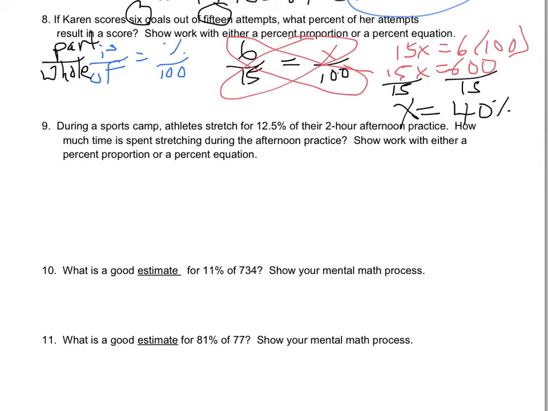So for this one, I think the equation is going to be, so we want to know how much time is. So we don't know. So X is 12.5%. We need to change that to a decimal. We're going to move it 2 places. So it becomes 0.125 times the 2 hours.